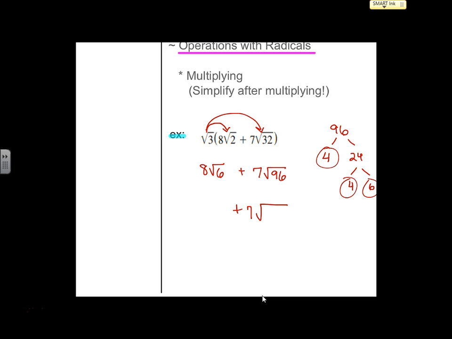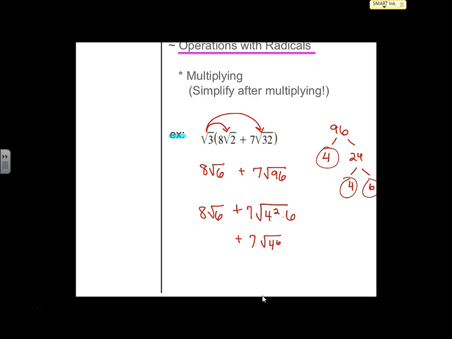4 and 24. 24 becomes 4 and 6. All of these are 96. We have 4 squared times 6. What can we do with our product property? Break them apart, right? How does that help? Wait, for 96, can't you simplify 1?